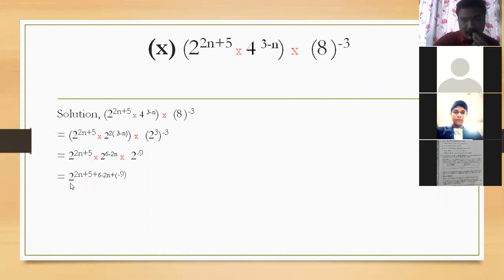Write only one base, and their powers will be added, and this minus is kept in a bracket. 5 plus 6, 11. 11 minus 9 will be 2, and 2n minus 2n cancel, and it will remain 2 square only, that means 4.